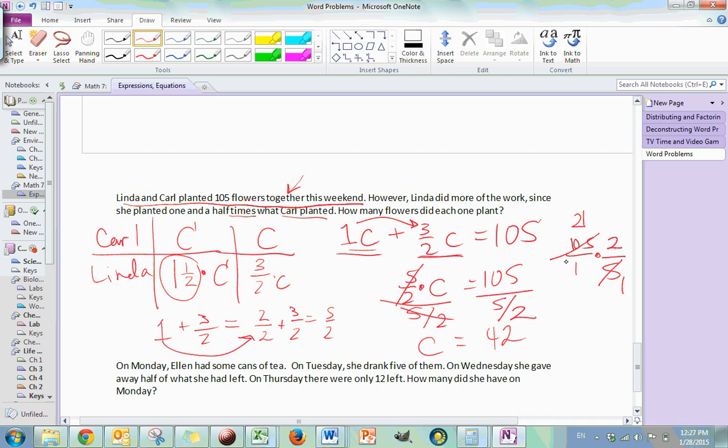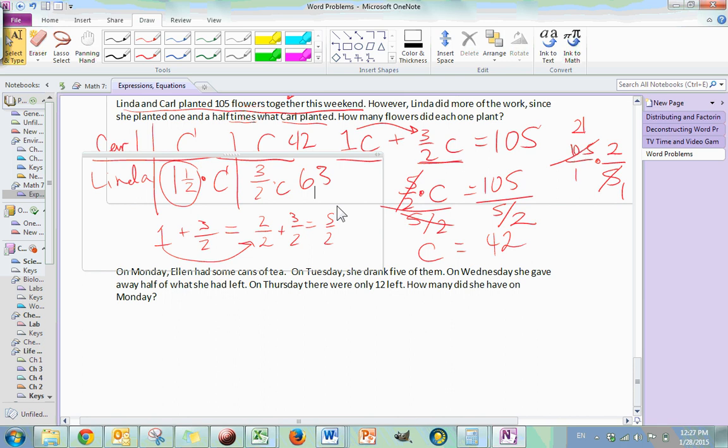So Carl planted 42, and then Linda planted 3 halves that. So I can take the 42 over 1 and multiply it by 3 halves. She did 21 times 3, so that's 63 over 1, or just 63. So Linda did 63.